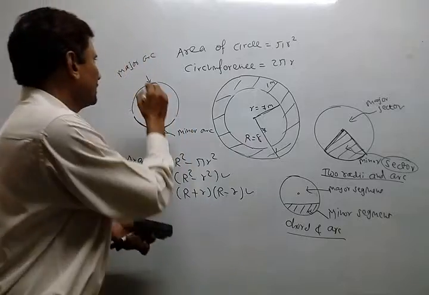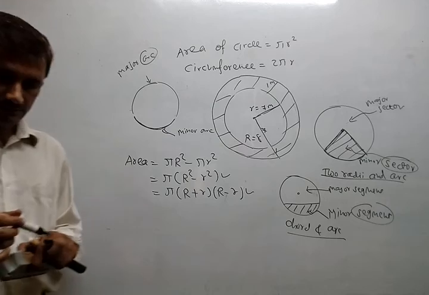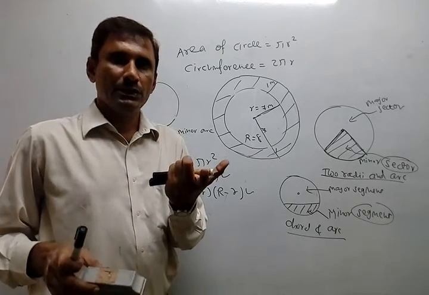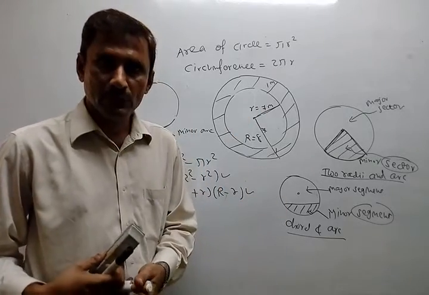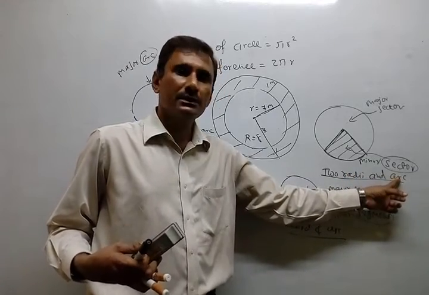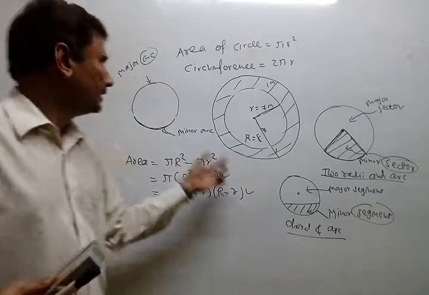So these 3 terms are segment and sector and arc. Understand these 3 words, not new, you already went through all 3 words in standard 9 also. A sector is 2 radii union an arc. A segment is a chord union an arc.